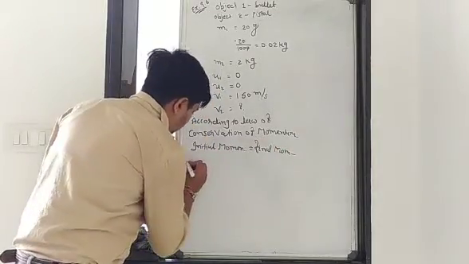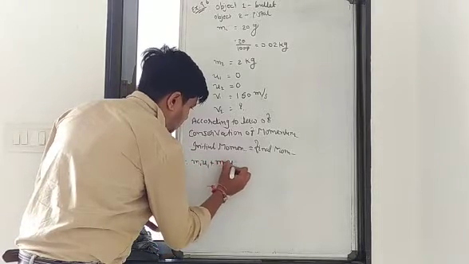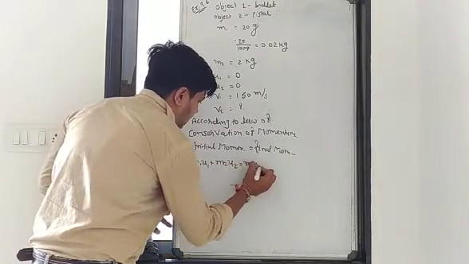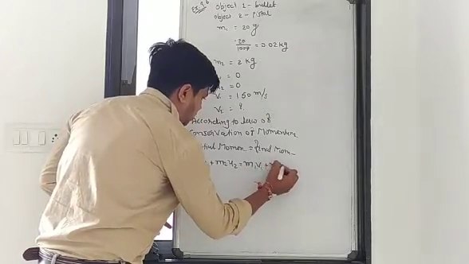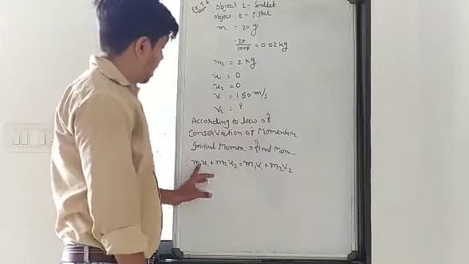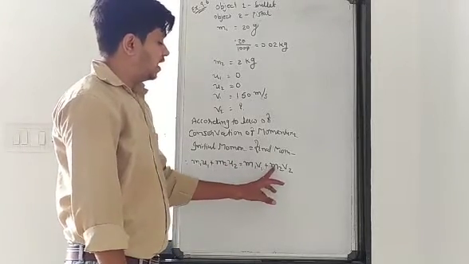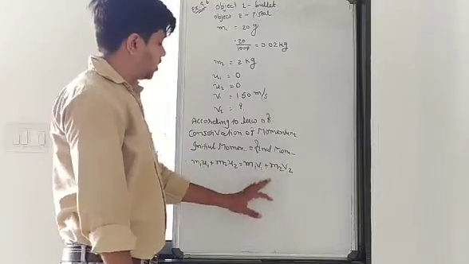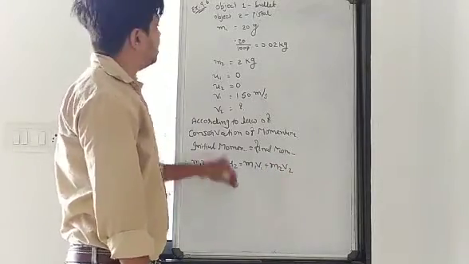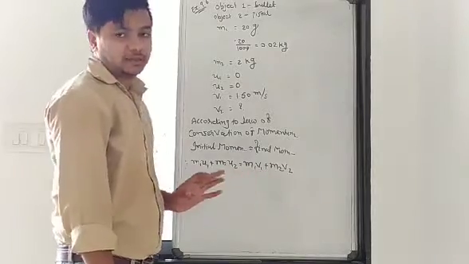The initial momentum is m1u1 plus m2u2. Final is m1v1 plus m2v2. As you know, we have taken maua plus mbub is equal to mava plus mbvb, and here instead of A and B, there are 1 and 2. So m1u1 plus m2u2 is equal to m1v1 plus m2v2.